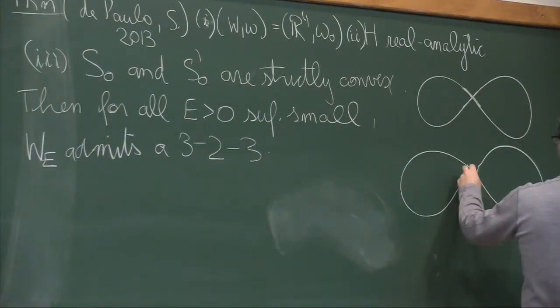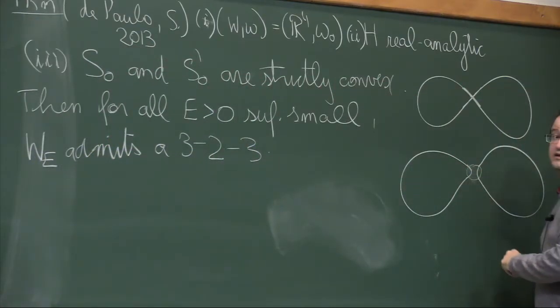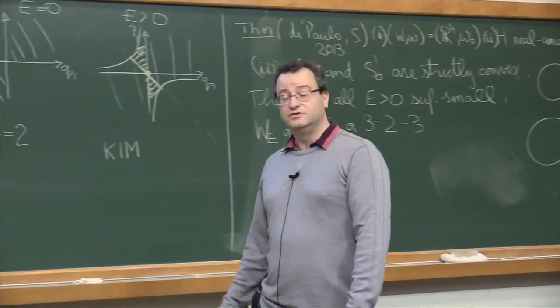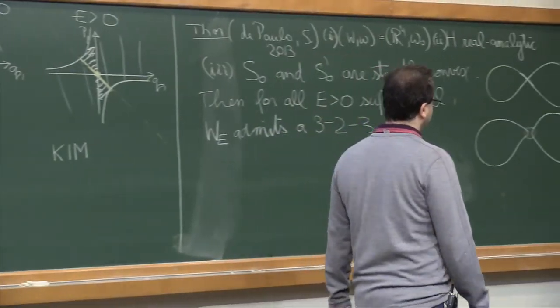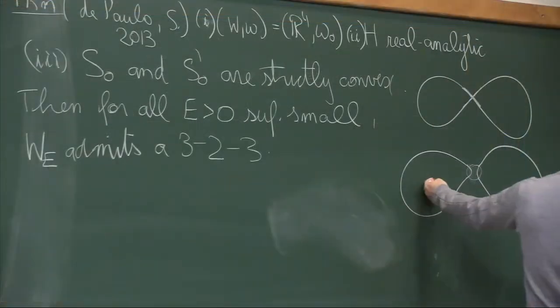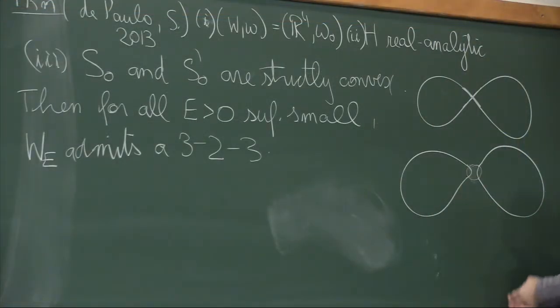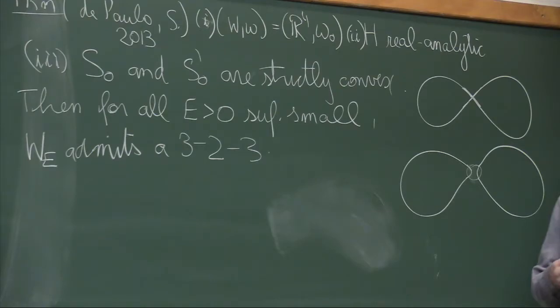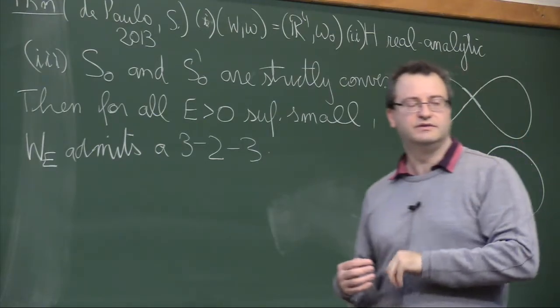You just perturb a little bit here. So we can show that this part here, since the critical level is dynamically convex, when you perturb a little bit, it is still dynamically convex up to some high action, as high as you want.